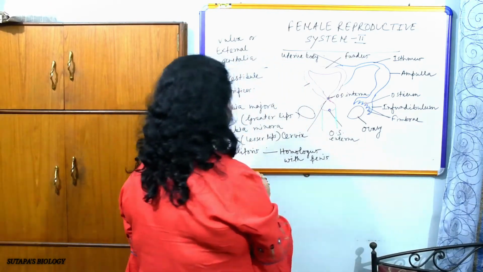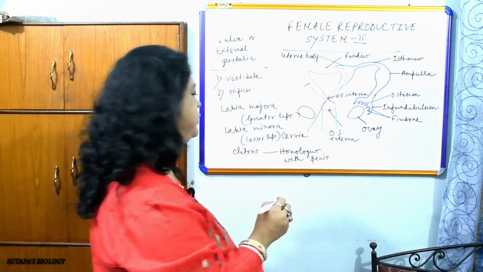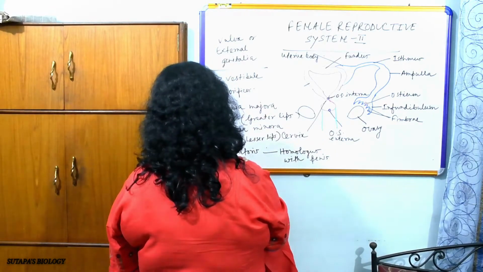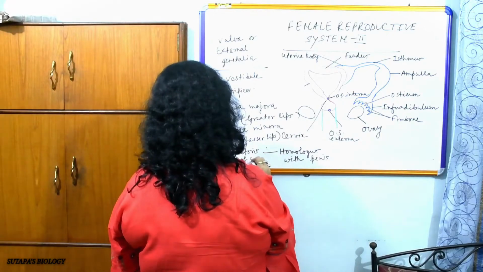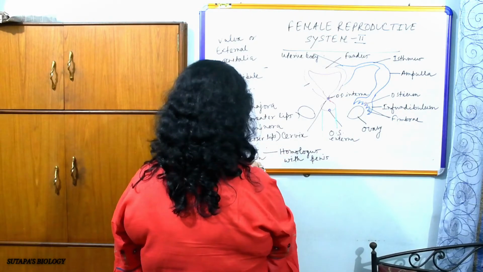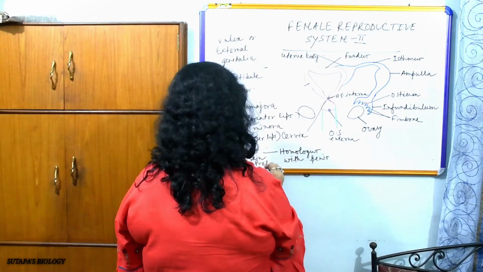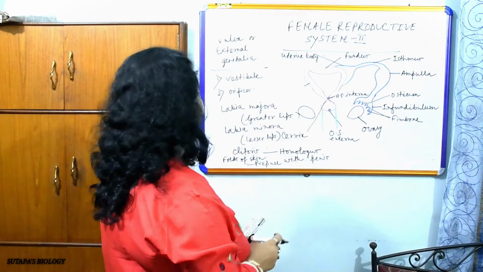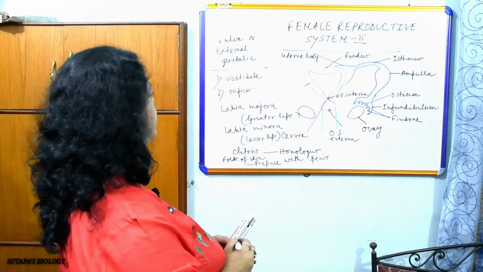It also has a fold of skin which is known as prepuce, like the penis. The fold of skin of the clitoris is known as prepuce, like the male penis.